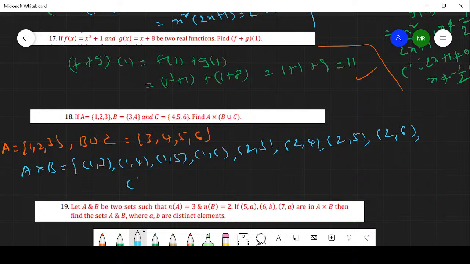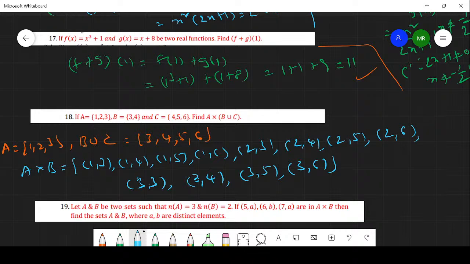With 3: (3, 3), (3, 4), be careful when you are writing, (3, 5) and (3, 6). Like this I can complete it.